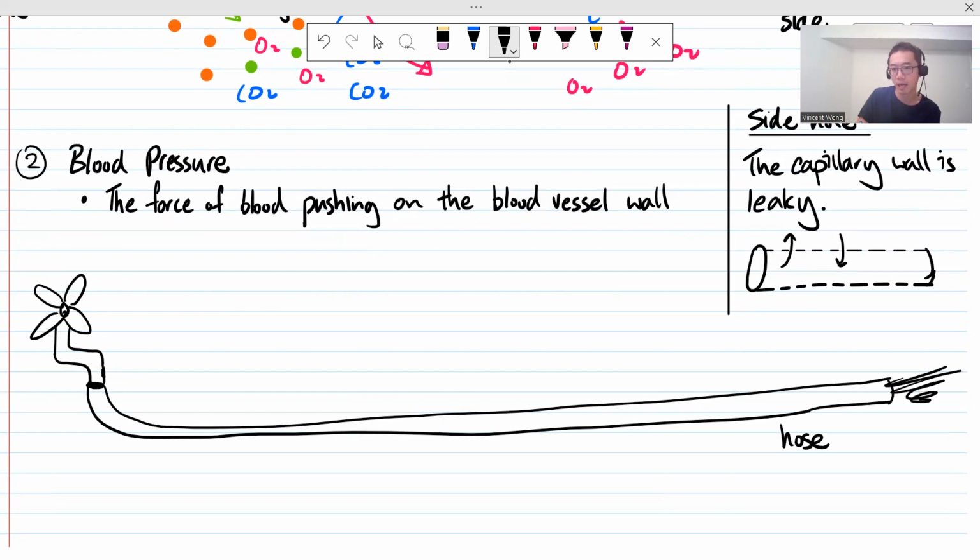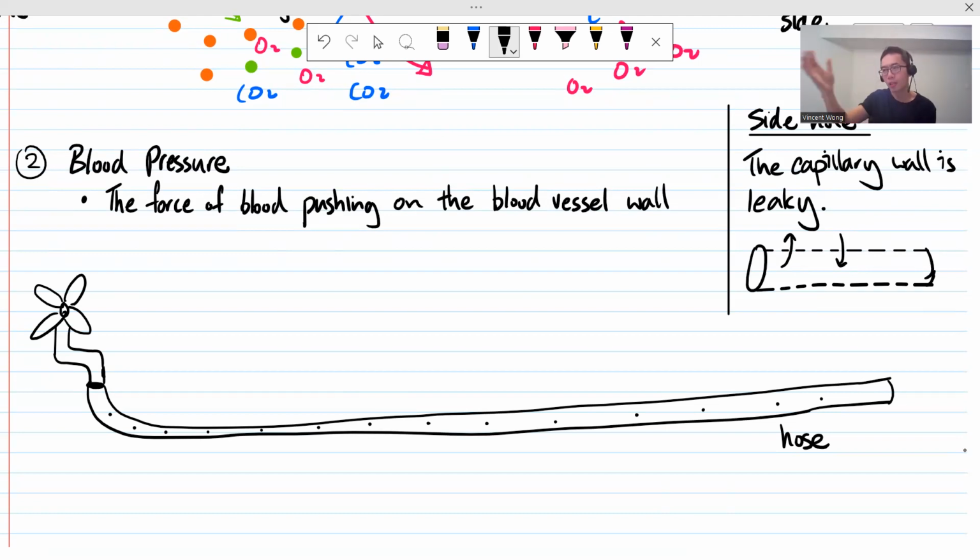Of course, water's going to come out here. But let's just turn it off for a second. And then we're going to poke holes along the hose, puncture it with an ice pick or something along the way.